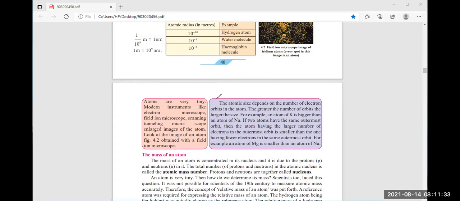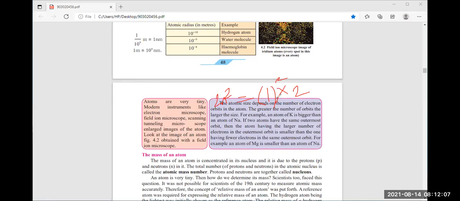Last year, you learned this formula, 2n square, correct? So when we are speaking about the K shell, that time we are taking n's value 1. So 1 square into 2. 2 ones are 2, because 1 square is 1.